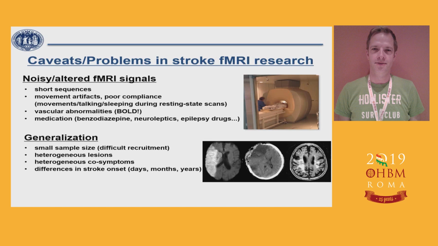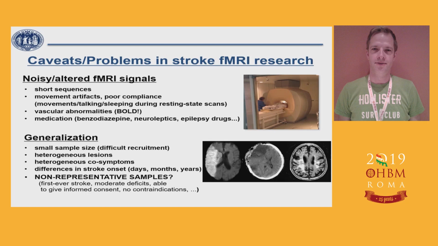And finally, and I think it's the most important problem, how representative are the samples which we use in studies? Usually, if you look at a study, you have first-ever strokes, patients with moderate deficits who are still able to provide informed consent, for example, and have no contraindications to MRI. This is, from my personal experience, only true for maybe about 10% of the patients which we see.